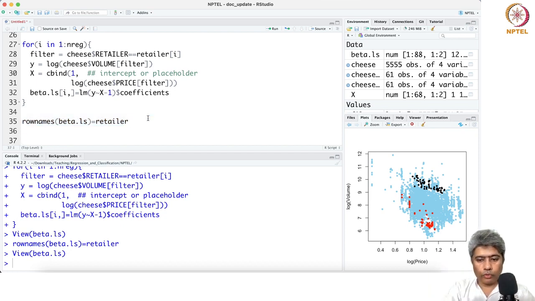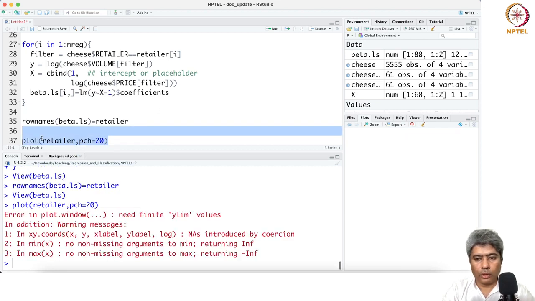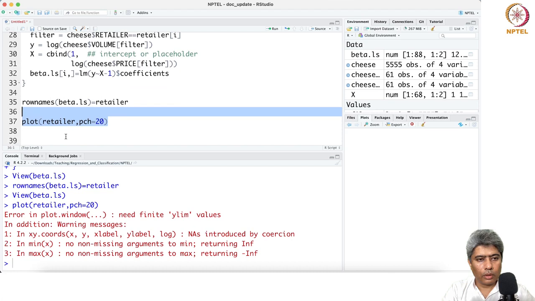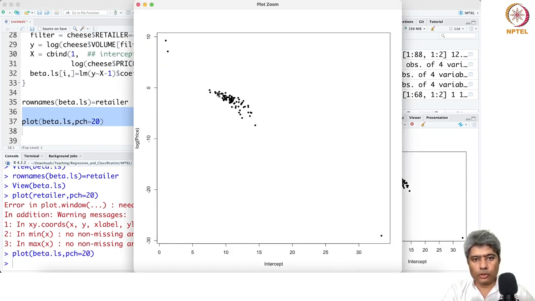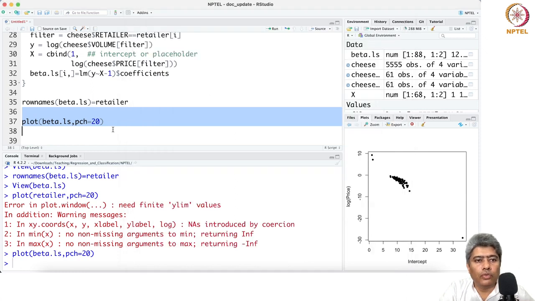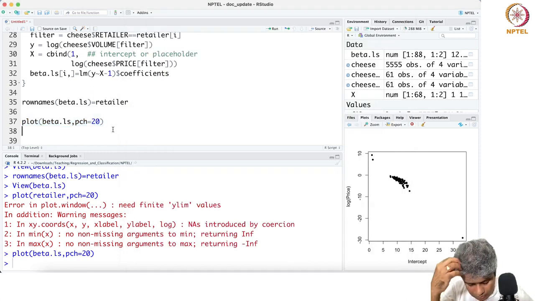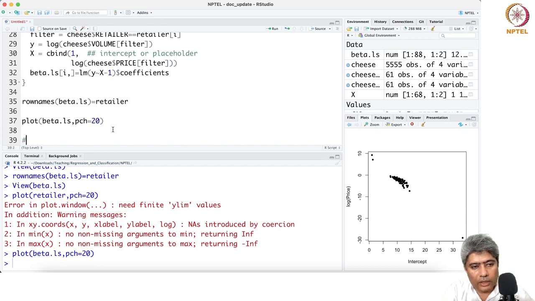Now if I plot beta.ls with pch equal to 20, these are the typical coefficients. There are two outliers here and one outlier there, so we have to do a little bit of outlier analysis later.